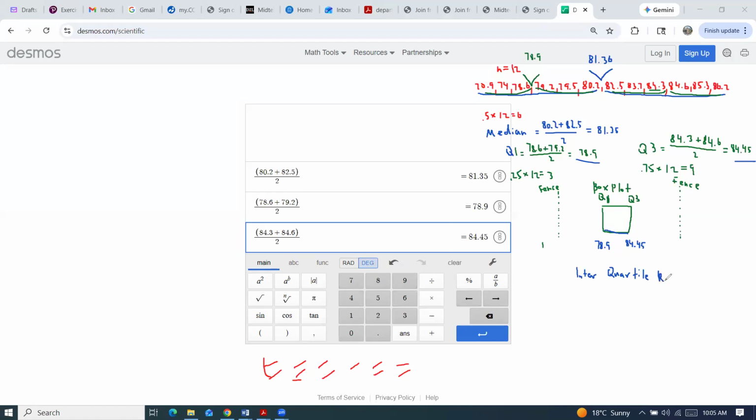Range. The difference between largest and the smallest, and analogously here, between the quartile number 3 and quartile 1, you always subtract from larger to smaller. So if I go ahead and subtract from 84.45 and find the difference, 78.9.